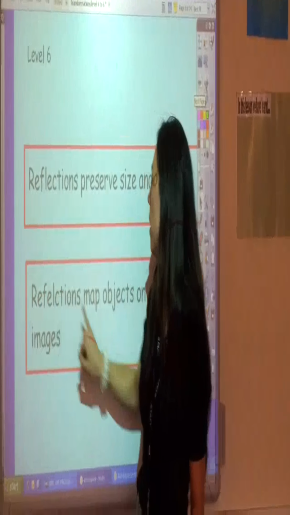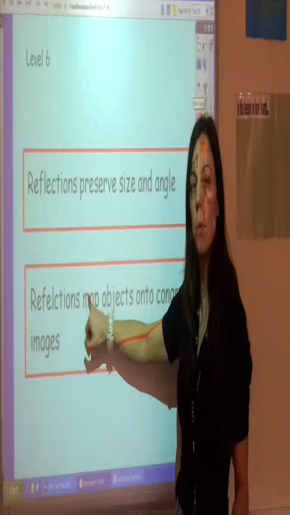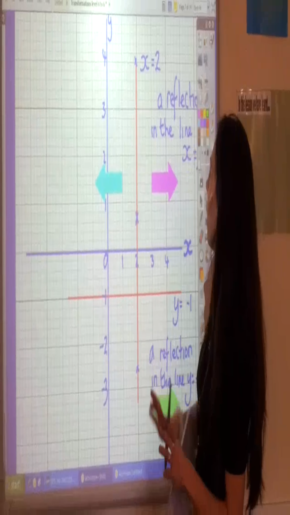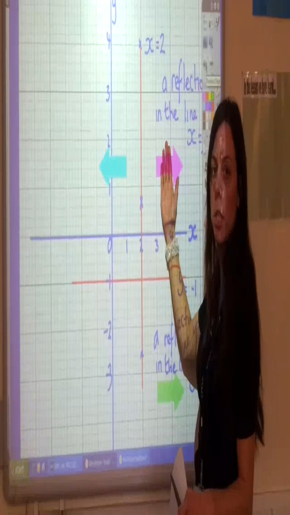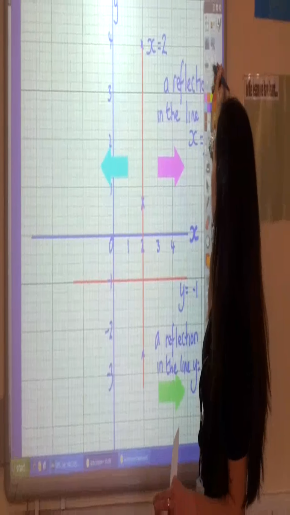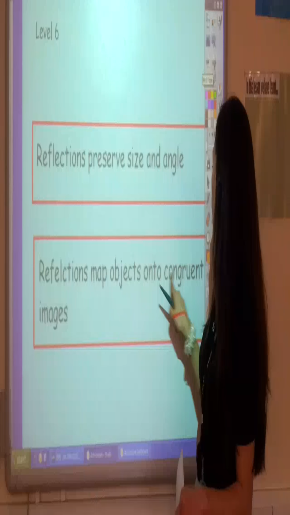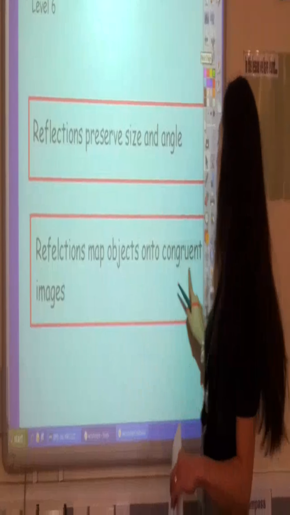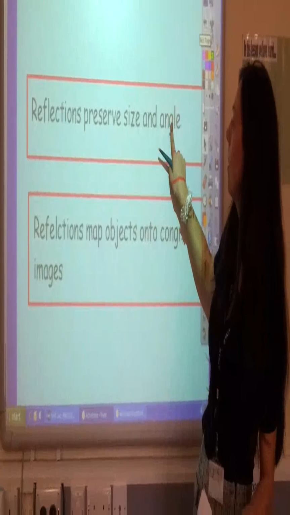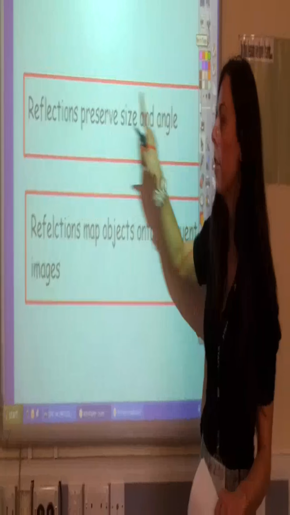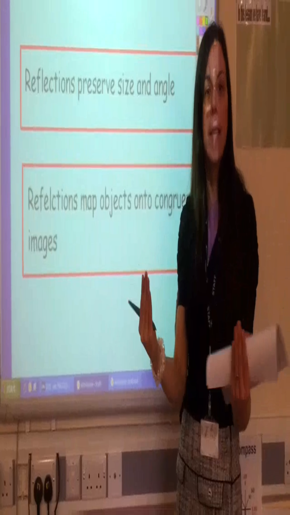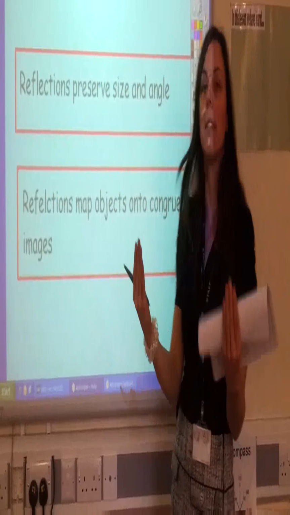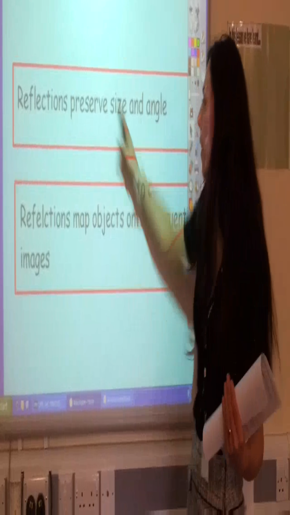So a reflection maps, in other words, go back, this here has been mapped from this original shape here, okay? Objects onto congruent images. Congruent means that the size and the angle have not changed. So for any reflection, the image is going to be exactly the same size as the original object. And that's what you need to understand to secure your level 6.